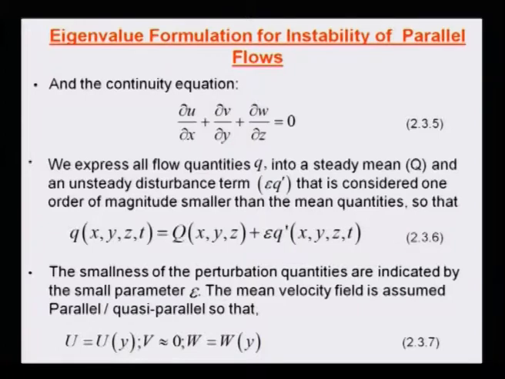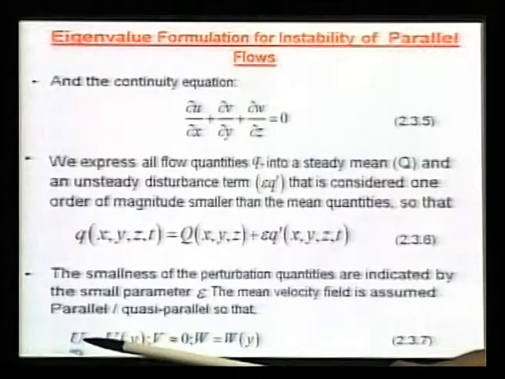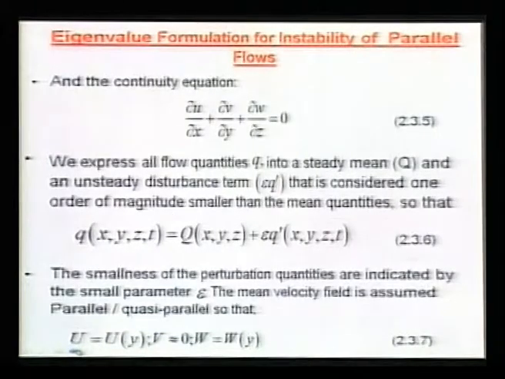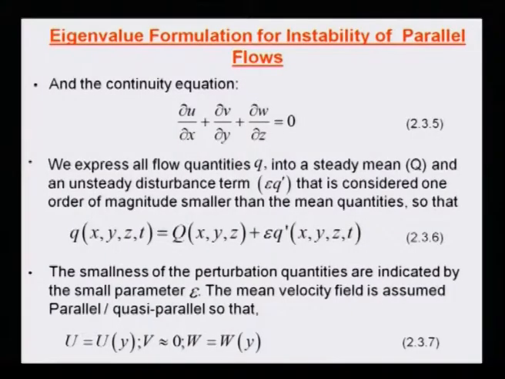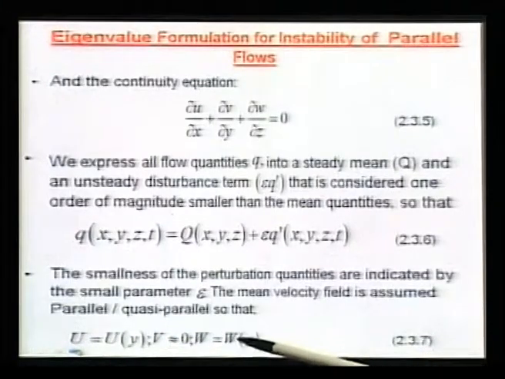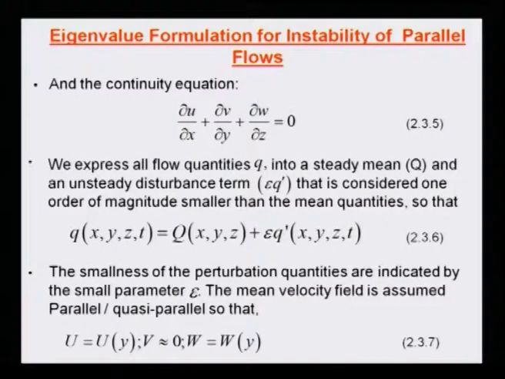So, the mean flow will also have 3 components, capital U, capital V and capital W, and the moment I say we are looking at parallel flow, we immediately realize capital V has to be equal to 0. Capital V non-zero does not allow you to make the parallel flow approximation, right. Whereas, U and W components once again have to be only a function of y to keep the stream sheet.